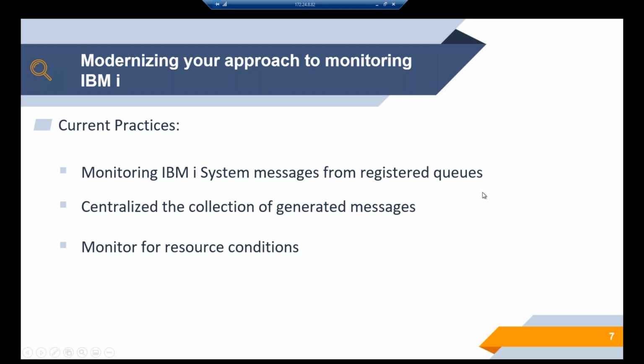So without further ado, let's begin with some of the current practices that companies and organizations are using when it comes to monitoring the IBM i platform today. So we know that managing the IBM i platform can be a tedious task without the help of a third-party enterprise monitoring solution, namely ABS Message.